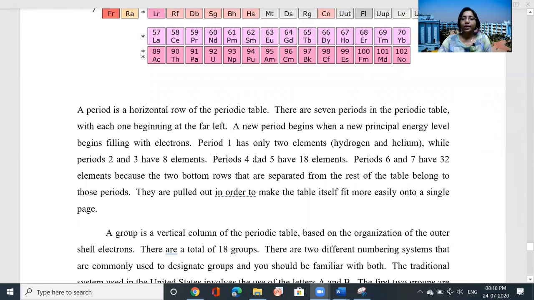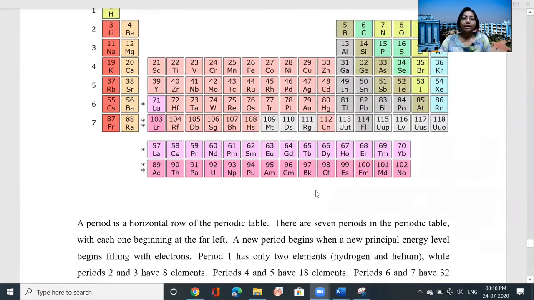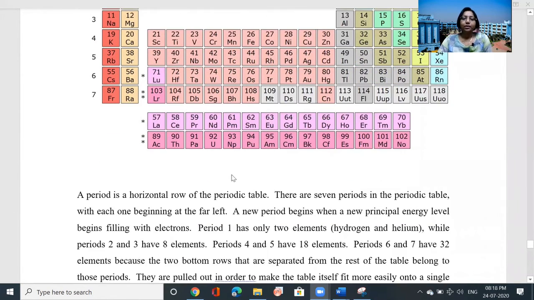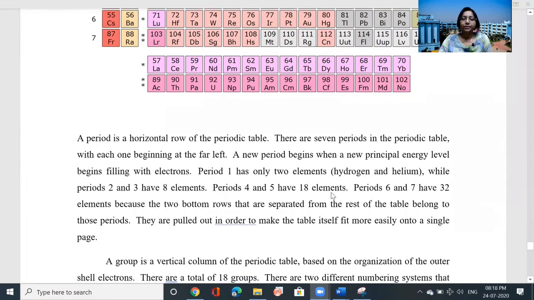So period 1 has only 2 elements, hydrogen and helium. That is period 1. While periods 2 and 3 have 8 elements. Periods 4 and 5 have 18 elements.